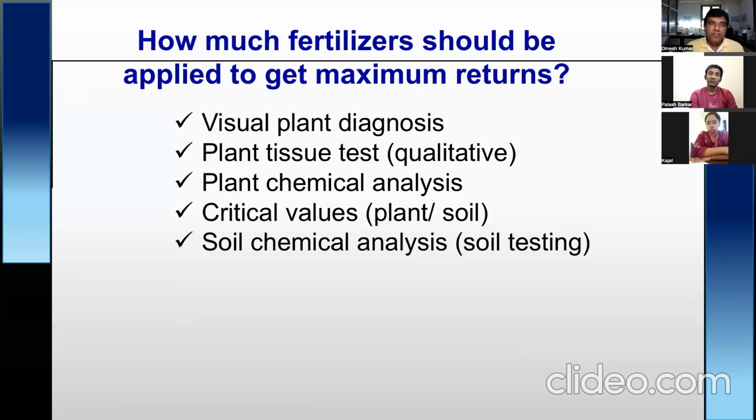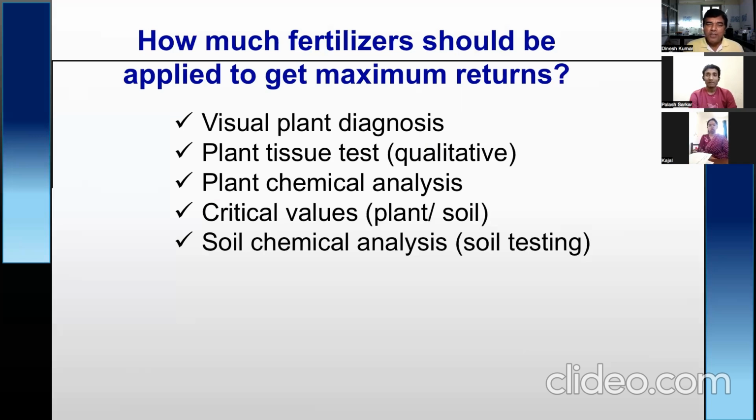So symptom of deficiency when your nutrients are deficient, symptom of toxicity when your nutrients are in excess. Another combination is that this critical concentration is referred with respect to plant as well as with respect to soil. So now you got 4 points, 2 variables. One is concentration, low or excess. Other is soil and plant. So now you have got total 4 things.